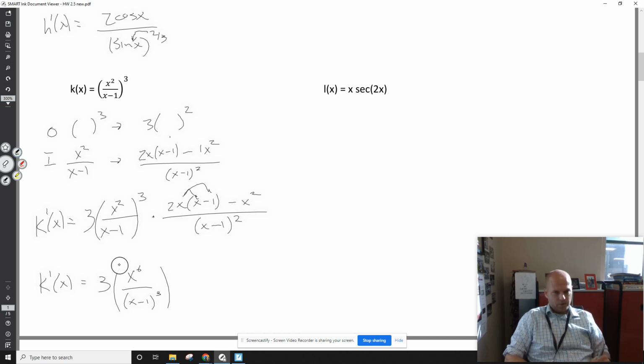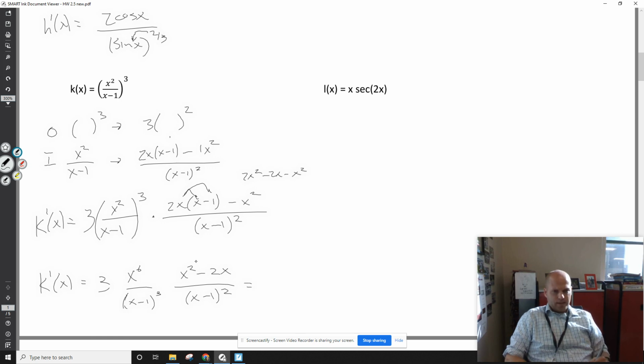I don't really need the parentheses anymore because I've cubed the top and the bottom. Here I get 2x squared minus 2x minus x squared. So that's x squared minus 2x over x minus 1 squared.